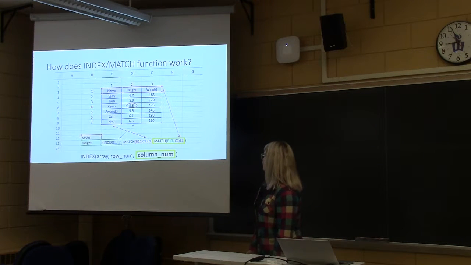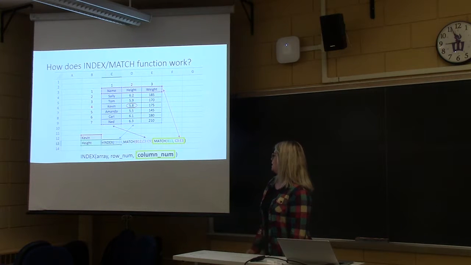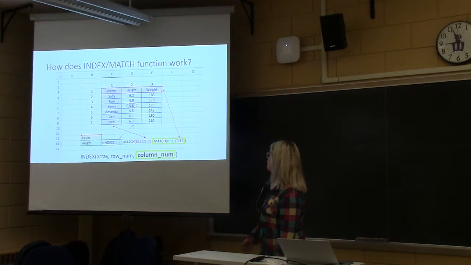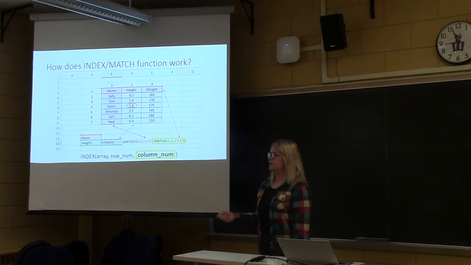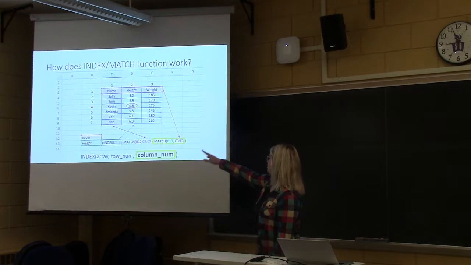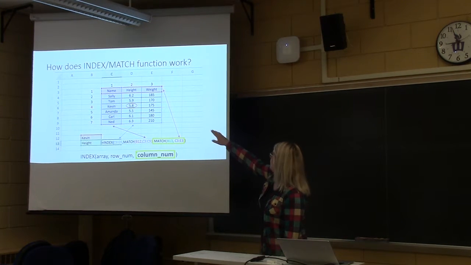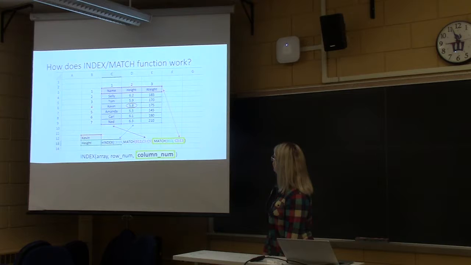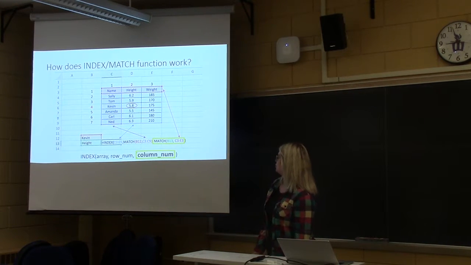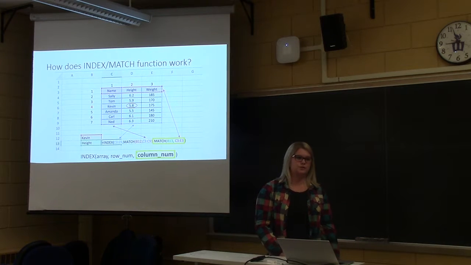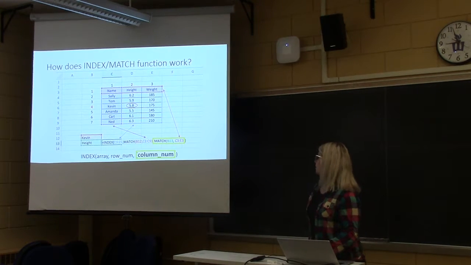Then we move on to our second match function, and that is going to show us that our lookup value is, we want his height. So we can just type in height over there and plug it into our match function here, and it's going to go into the top pink array and find height at spot number 2, so it's going to plug in a 2 for our column number.